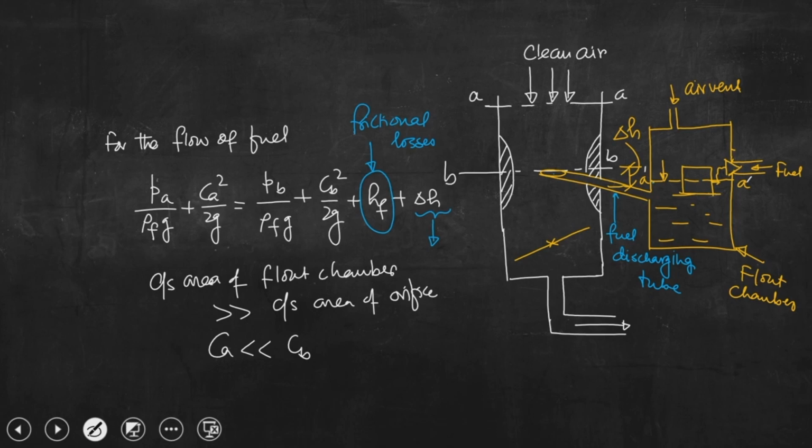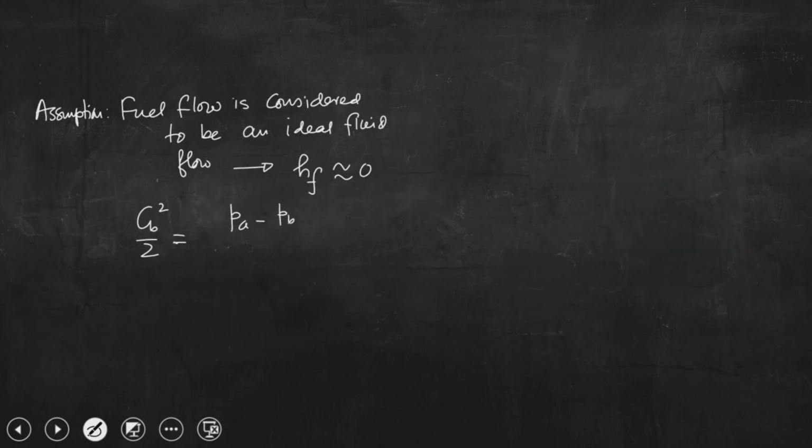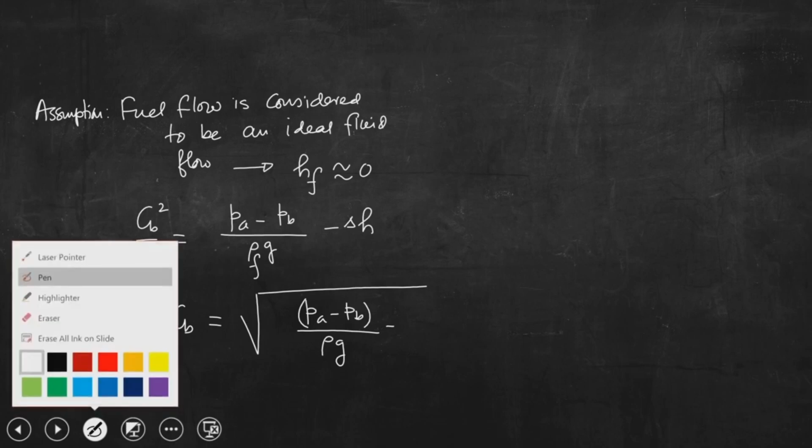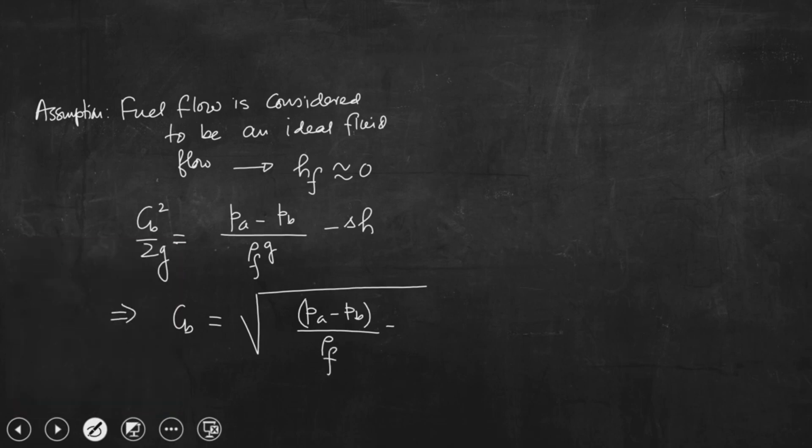and then we can write CB square by 2 is equal to PA minus PB by rho f, which equals G into delta H. Therefore, we can write CB equal to under root of 2 multiplied by PA minus PB by rho f minus G into delta H. So, this is the velocity of fuel at the orifice point, that is at the discharging point.